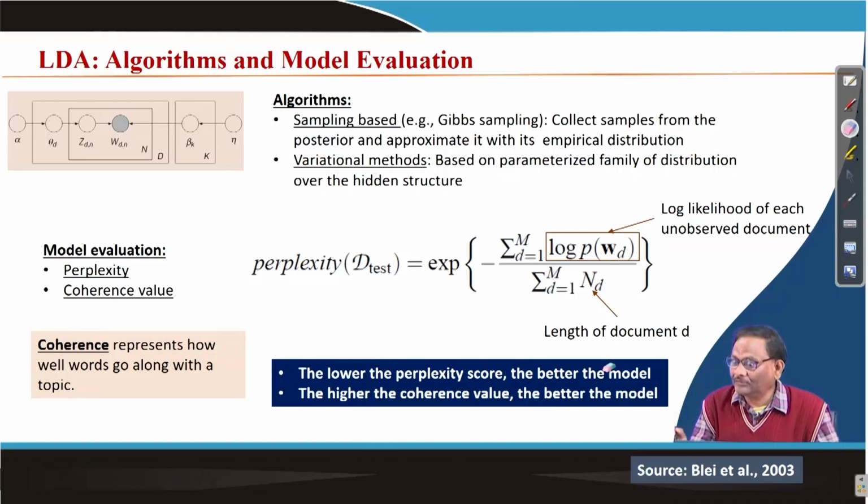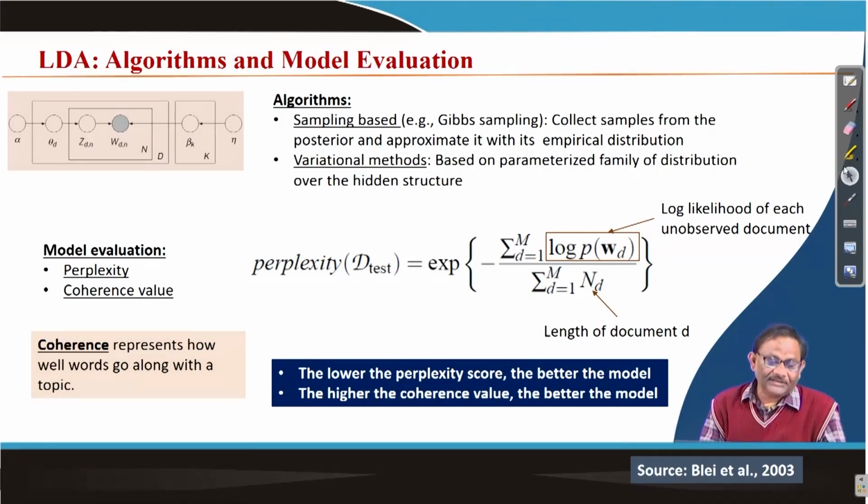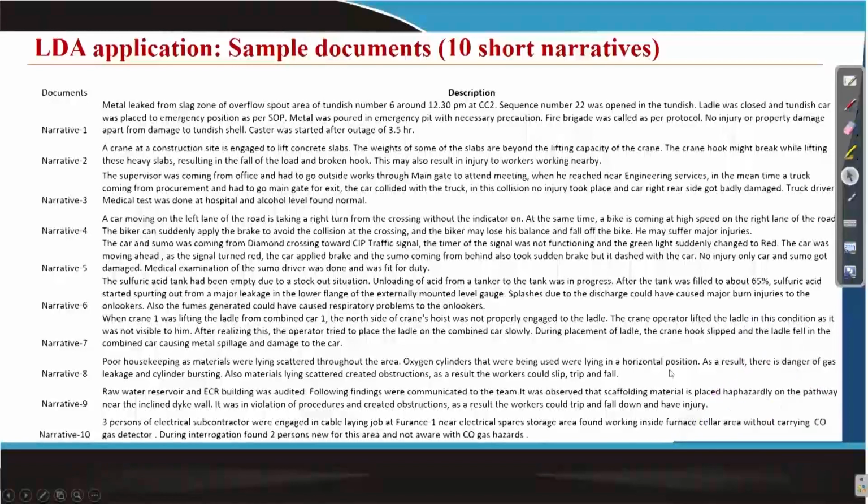Fine. So now up to this is basically the theoretical part of latent Dirichlet allocation within topic modeling, and then I will show you some application.